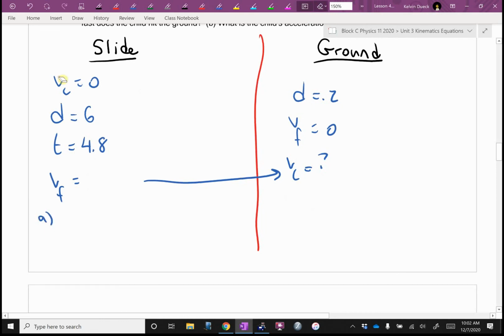I'm looking for an equation that's got a D, a VI, a T, and a VF in it. There is one.